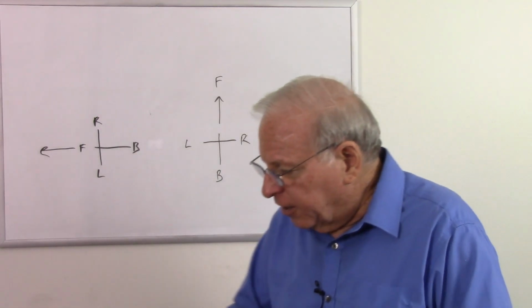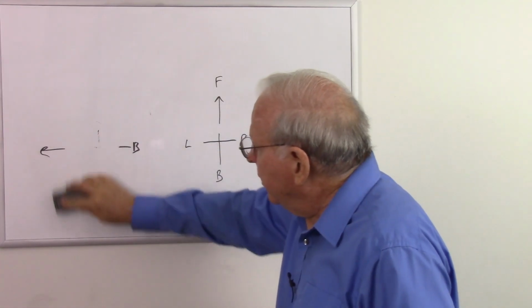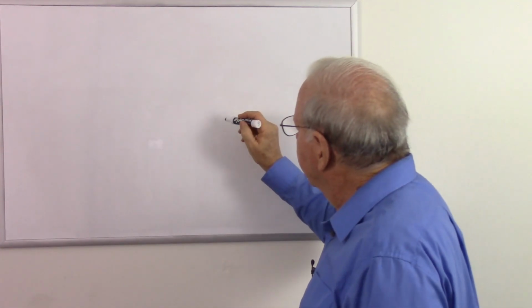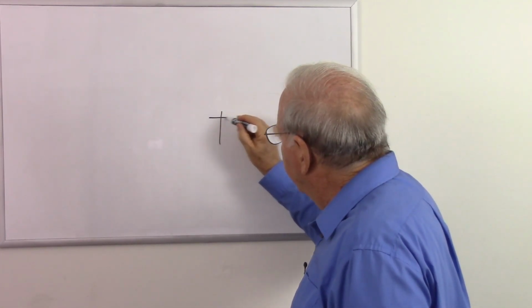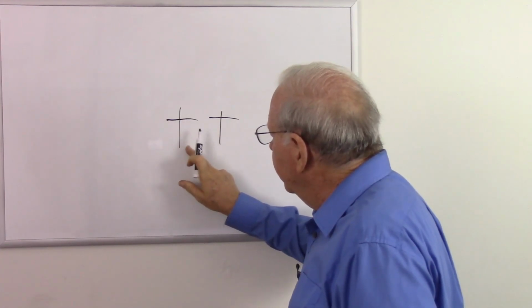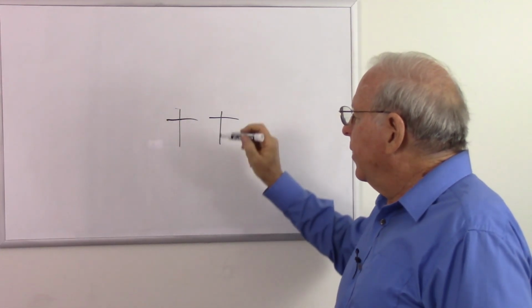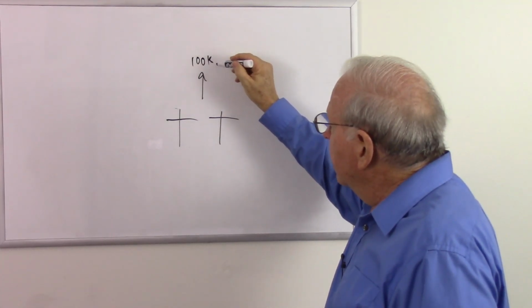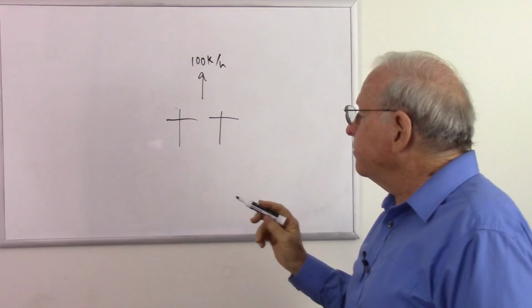So now for our thought experiment, we're going to put two airplanes between two layers of cloud. There's airplane number 2, here's airplane number 1. They're identical airplanes and they're flying at an identical speed. We'll make that 100 kilometers per hour.